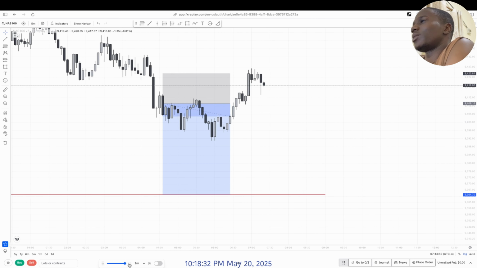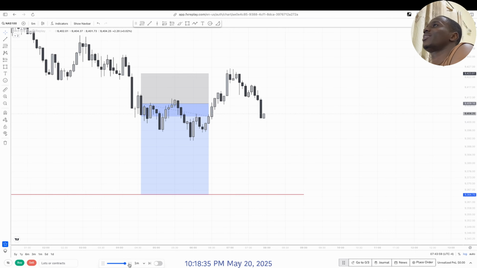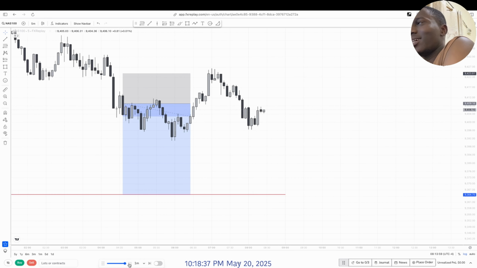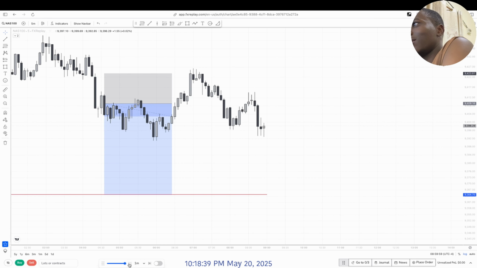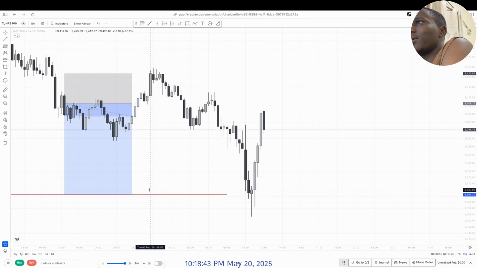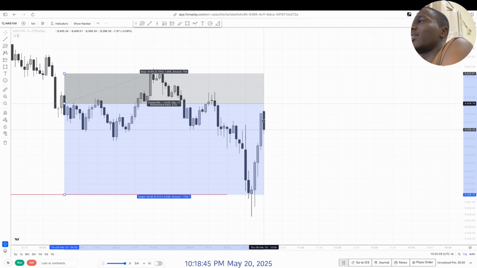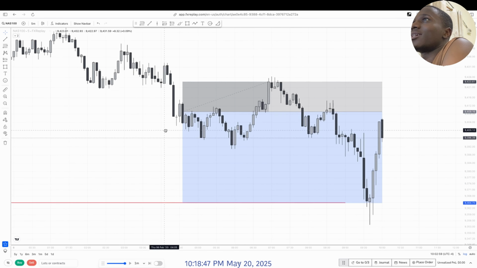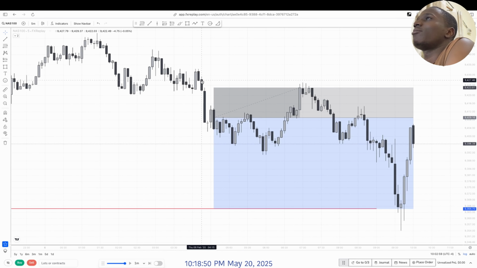You can see that we were swept out. New York manipulation. But by 9:30, let's see what drop happens. Yep, you can see it with your own eyes, the drop. And lastly, maybe we should have considered putting it above the first candle of the fair value gap, because you can see that obviously it's this order block that we were respecting.